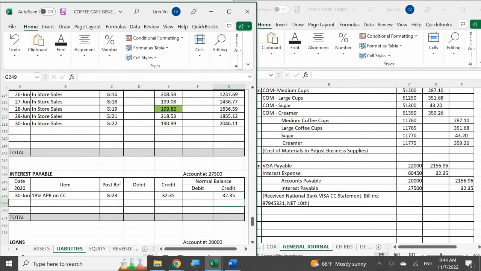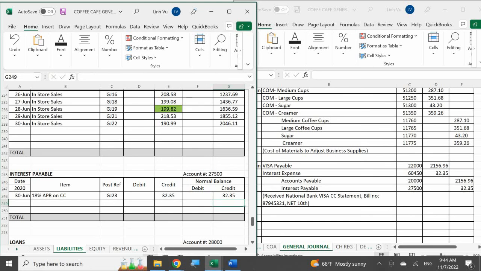Now remember, since I received a bill and said, you know what, I'm going to record this bill and acknowledge that I will be making a full payment off the entire credit card. If you already know exactly how much, then you can go ahead and record this bill. So in this case, that is option number 2. That's exactly what I did.